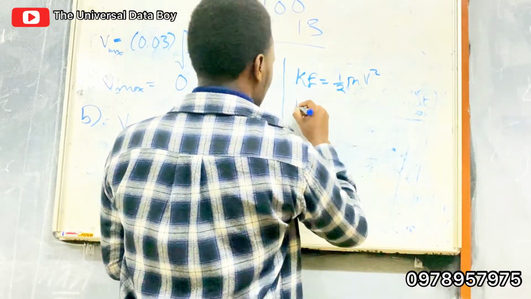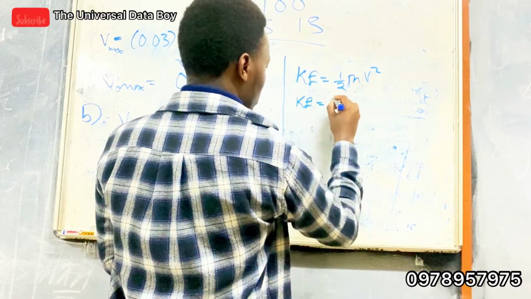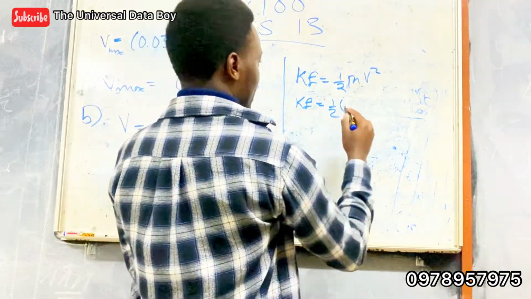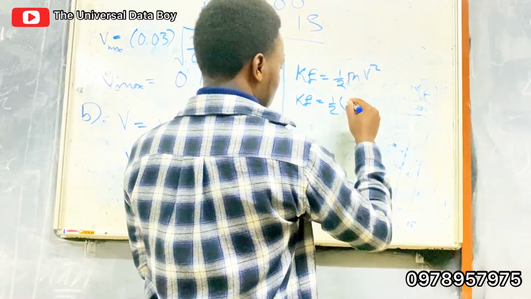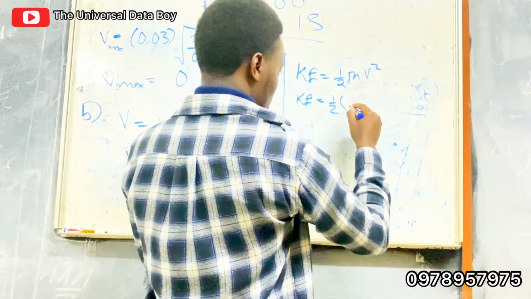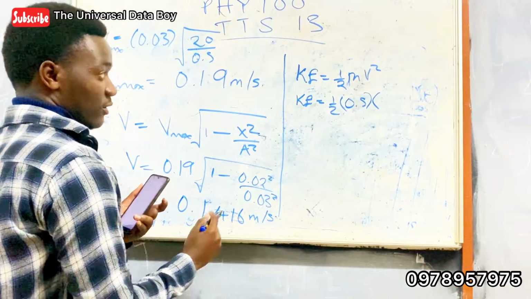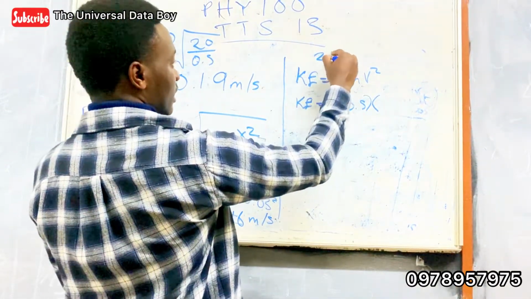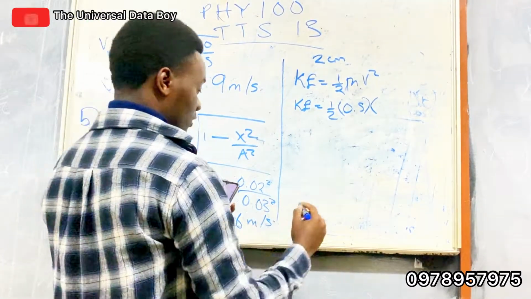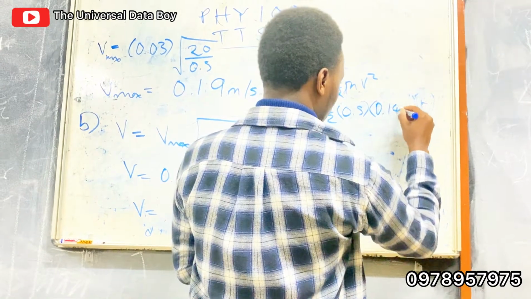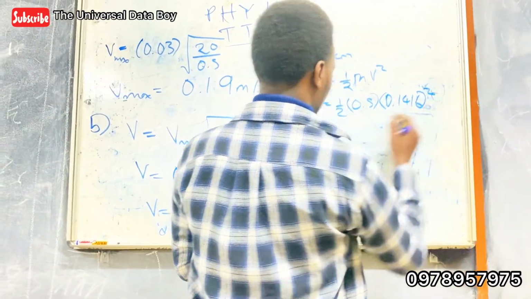mv squared. So KE is going to be equal to 1 over 2, the mass was given as 0.5, then the velocity that we found, that's the velocity at 2 centimeters, 0.1416 squared.